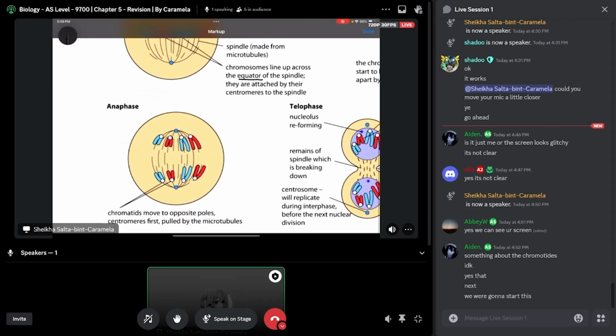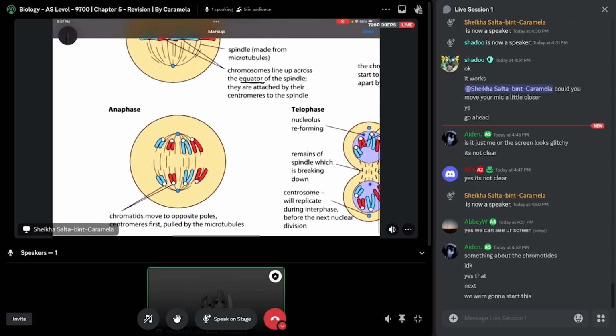Then comes your anaphase. In anaphase, the chromatids move towards the opposite poles, and this is done by centromeres first, so they will appear in a V shape. And when you're drawing these cells, mostly they ask you to draw the anaphase or the metaphase. So during anaphase, you can't draw the chromatids in straight lines, pulling towards the centrosomes.